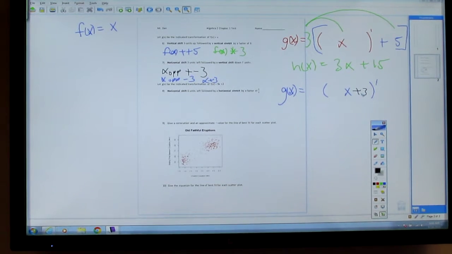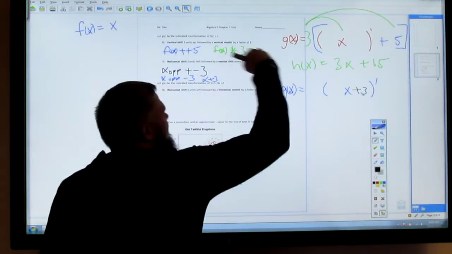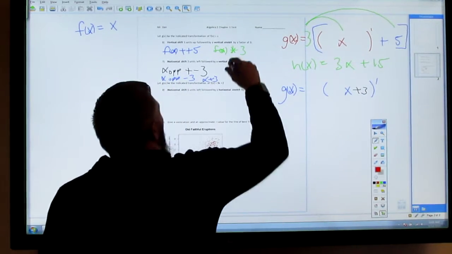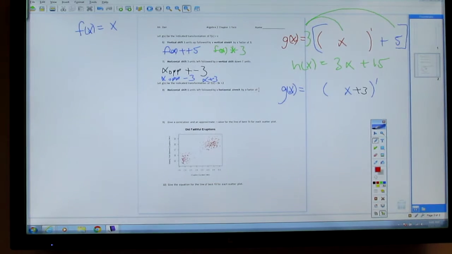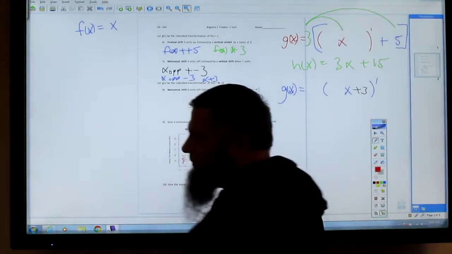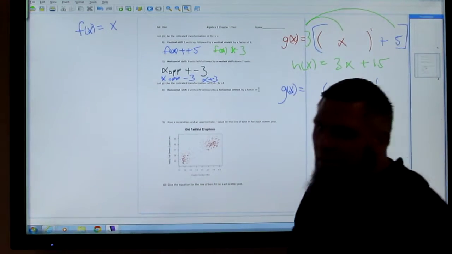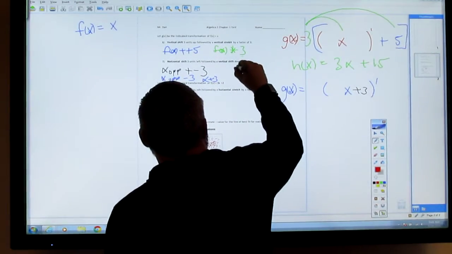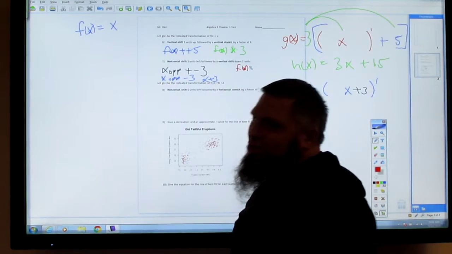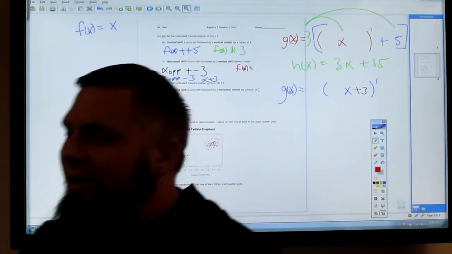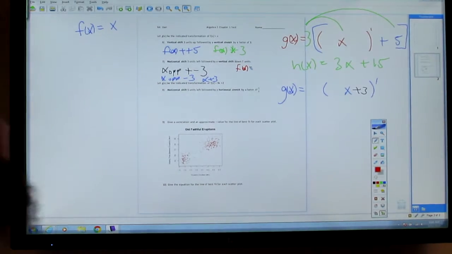Now, after I do that, it says it's followed by the vertical shift. Right? So what does a vertical shift mean? Kiko. Vertical shift. Vertical. Very good. F of x. Right? Shift means plus.